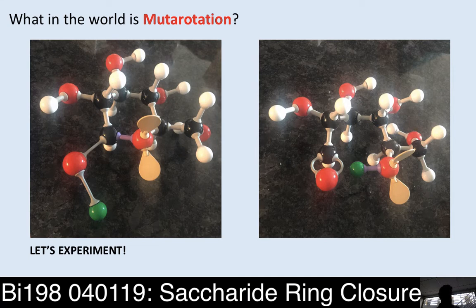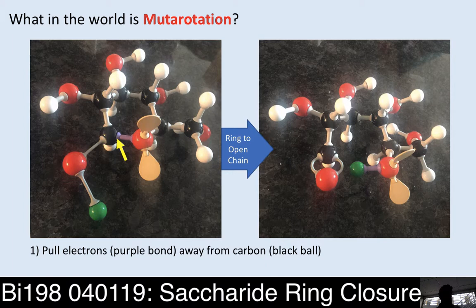All right, so the one on the left is what is in your hands. The one on the right is actually open chain glucose. And we're going to try to move from the ring form to the open chain form. So what I would like you to do is pull the electrons, and everybody pay attention to this because this group of three people is going to do this, then they're going to hand it off.